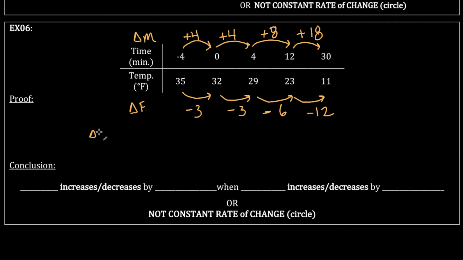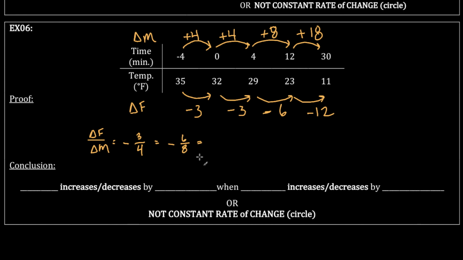So the change in degrees Fahrenheit over the change in minutes. So negative over a positive is a negative 3 over 4. Remember, this is the one we care about. This is our dependent, so it goes on top over here. And negative over a positive is a negative 6 over 8.